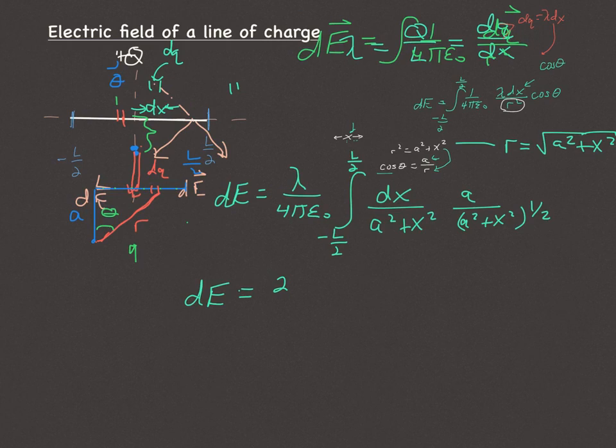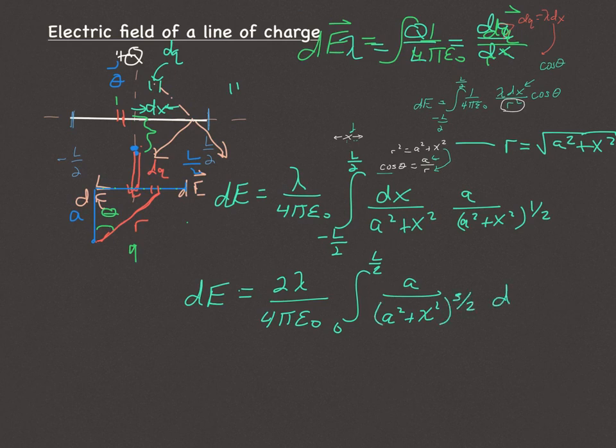So by going half the length, we know that the other side is going to contribute an equal amount due to symmetry. We'll go from 0 to L over 2. And we have a over a squared plus x squared to the 3 over 2 dx. That looks fun, doesn't it?